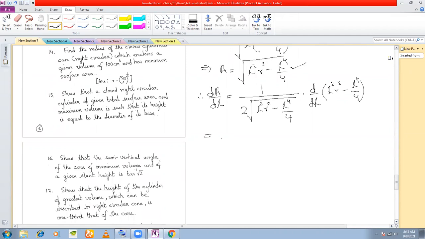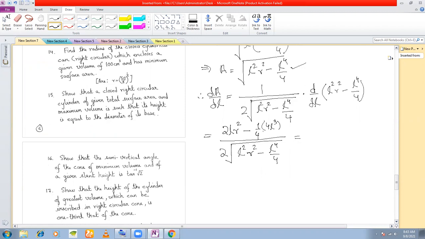Okay, so this becomes dA/dL of L square R square minus L to the power of 4 by 4 becomes 2L R square minus, this is 1/4 of 4L cube divided by 2 root of L square R square minus L to the power of 4 by 4.